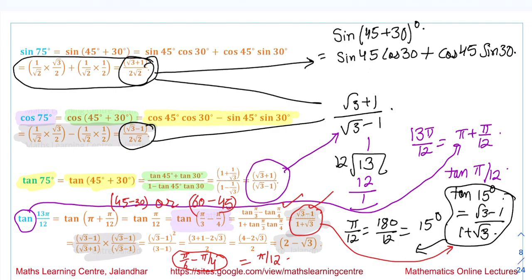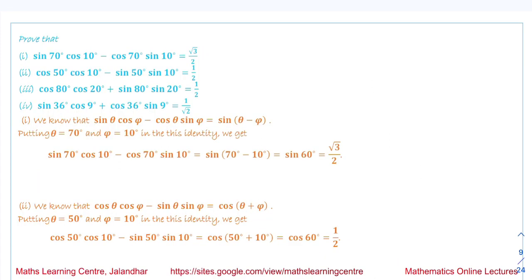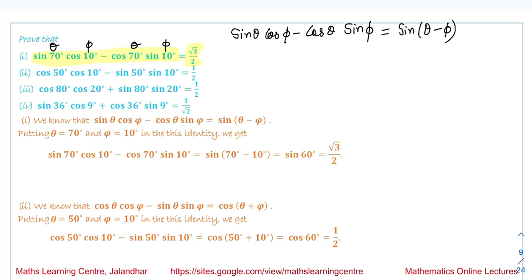Now in this next question we have to prove that the first part, sine 70 degree into cos 10 degree minus cos 70 degree into sine 10 degree, is equal to square root 3 by 2. If we consider 70 as theta and 10 as phi, this first part becomes sine theta cos phi minus cos theta sine phi, and we know that this is the formula for sine of theta minus phi.